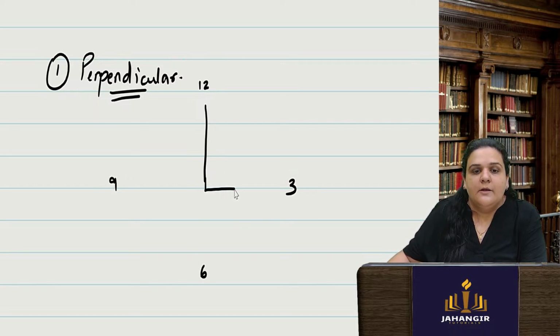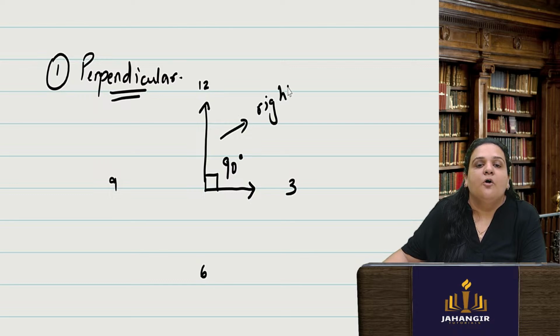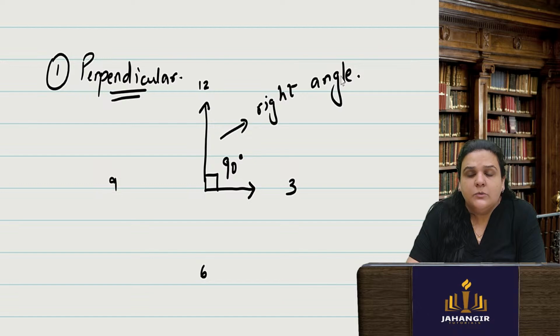Perpendicular means like this, where the minute hand is standing on the hour hand. So here they form a 90 degree, a right angle. Where they form a right angle, it is known as perpendicular.